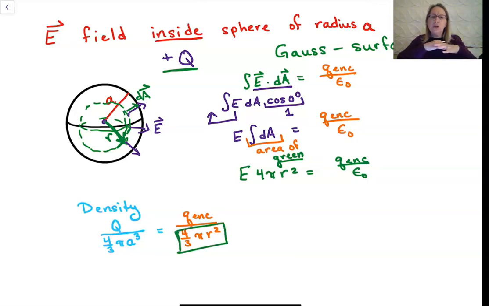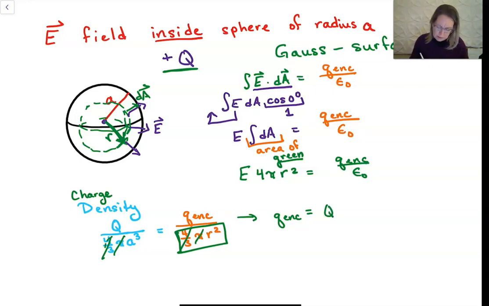Because the charge is uniformly spread out in the volume, whether I have a big sphere or a small sphere, I should have the same charge per volume. So this is where our charge density, just like our mass density, comes into play. So if we solve that for Q enclosed, the 4/3 go away, the pi's go away. It's equal to Q, I'm sorry, this isn't r squared, it's r cubed because it's a volume, r cubed over a cubed.